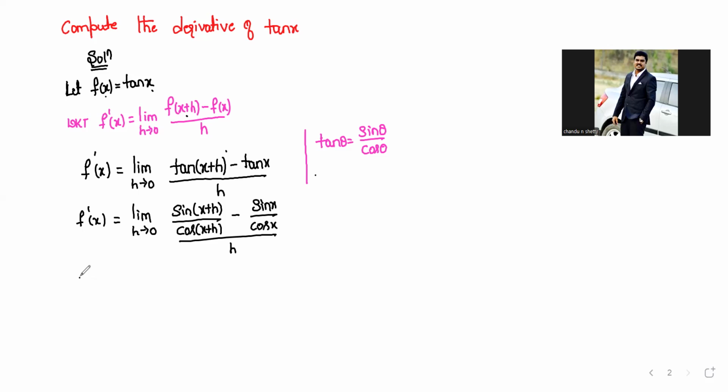Now should observe f dash of x is equal to limit h tending to 0. This 1 by h what we have, I'm taking on the side. Now we should take the LCM, so we should do the cross multiplication.